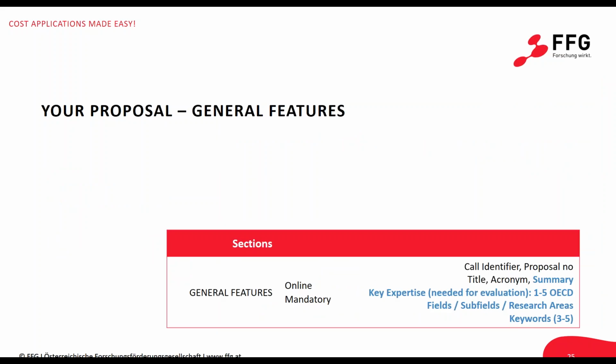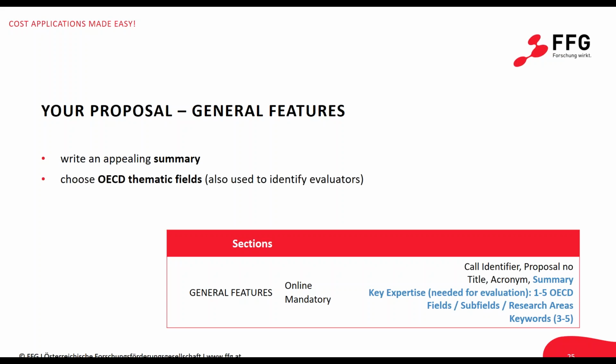Let's look at the general features first. That's basically pretty easy. You just mention a title, your acronym, and write an appealing summary. What we hear from evaluators is that they very often start with reading the summary, and if you already make them interested and inspire them, then this might be a good start. Then you have to choose your key expertise out of OECD thematic fields.